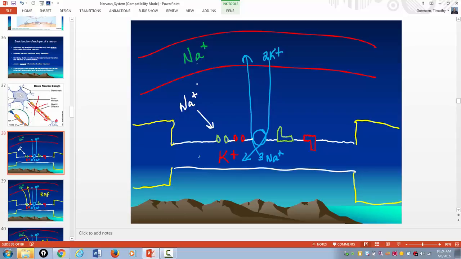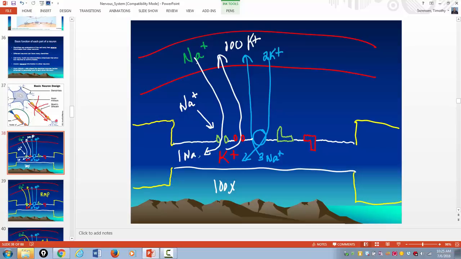Now, the other thing that you have to remember is that potassium is like 100 times more permeable than sodium. That means that for every 100 potassiums that leave, only 1 sodium enters.